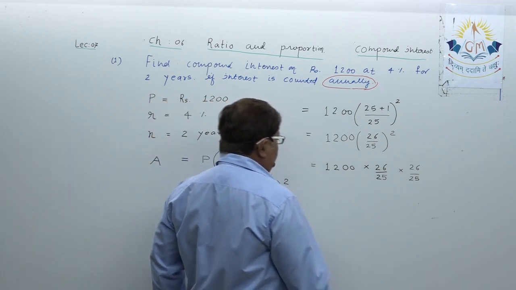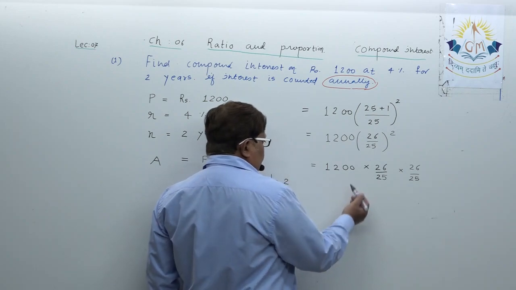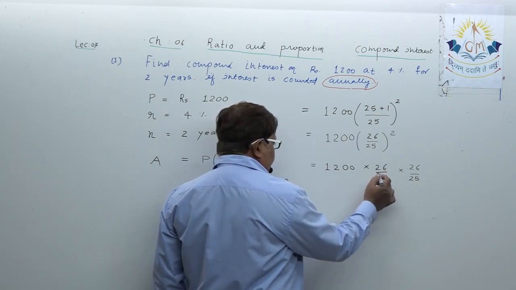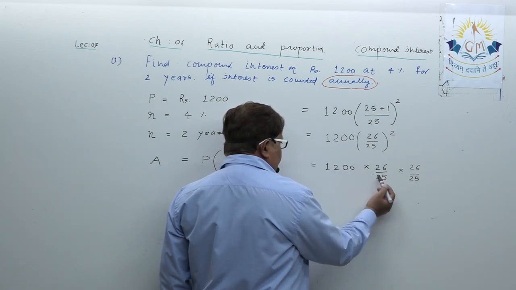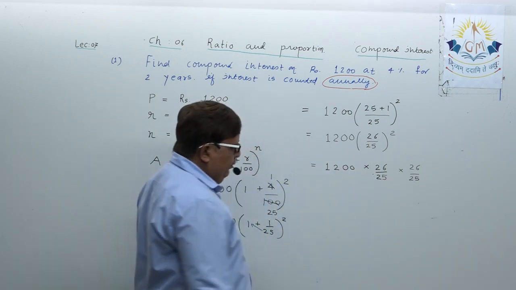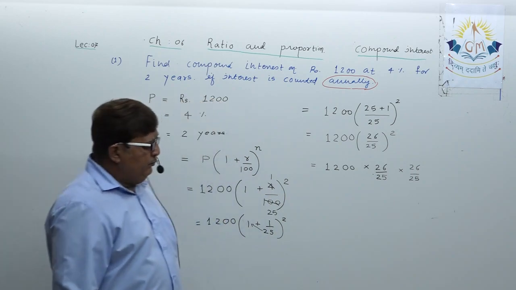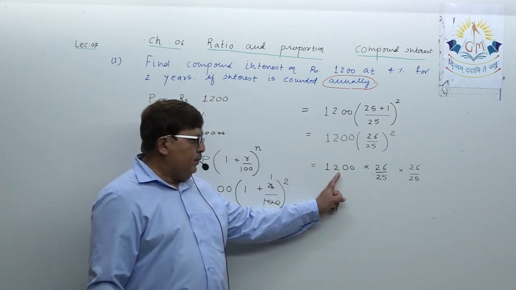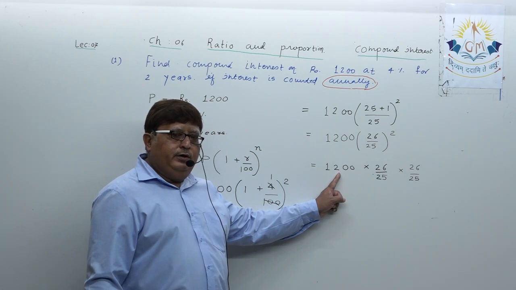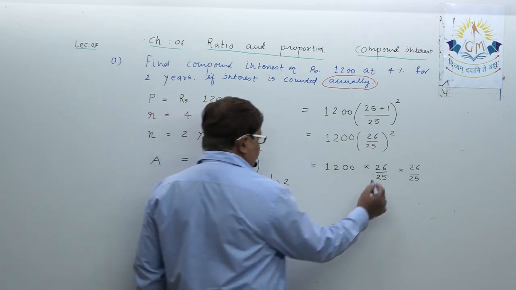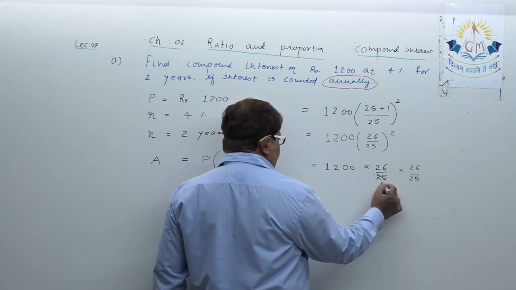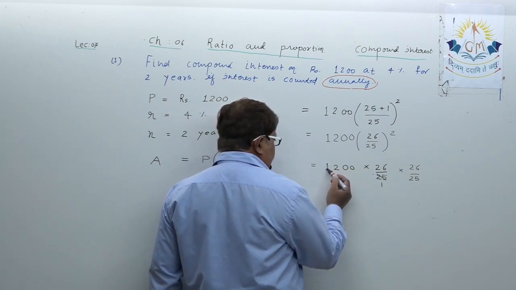Now let us do the further cancellation, dear students. See, can I cancel with 25 directly? Yes. Just think here. Okay. See, 25 ones are 25.